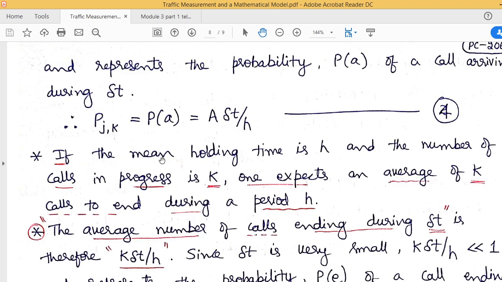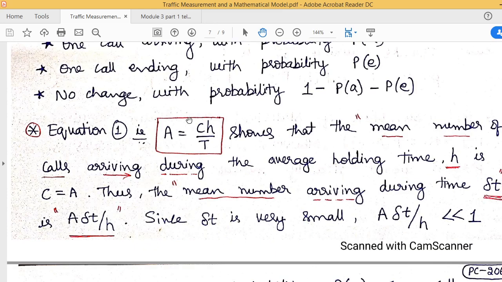If the mean holding time is H and the number of calls in progress is K, one can expect that an average of K calls can end during a period H. As I said, the number of call arrivals, once I make this T as H, will be equal to A. Similarly, let us say some K number of calls are already there.